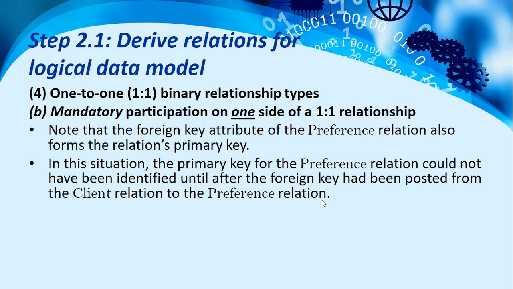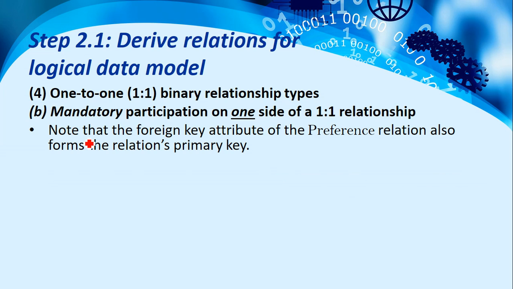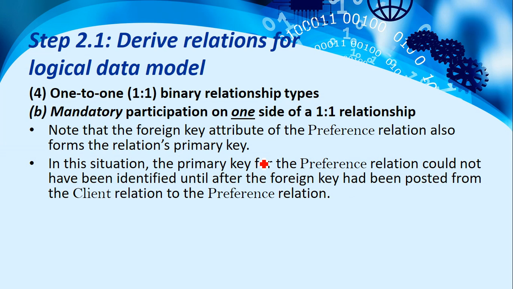Kaya, ito yung sinabi niya dito, no? Okay? Now, note that the foreign key attribute of the preference relation also forms the relation's primary key. Kaya ganon. Okay. In this situation, the primary key for the preference relation could not have been identified, no? Hindi natin ma-identify yung primary key sa preference relation until after the foreign key, no?